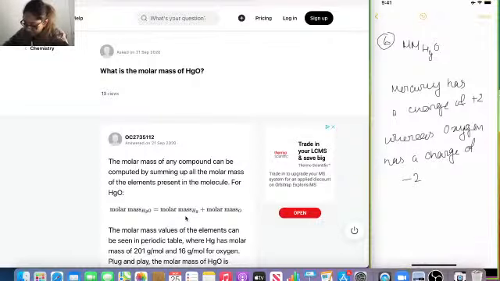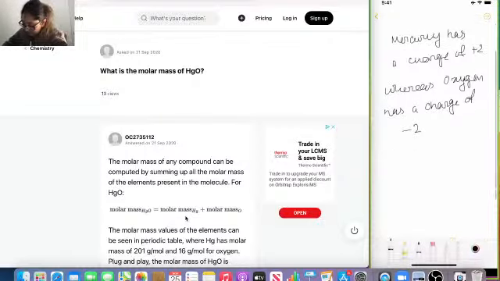And so when you're writing the chemical formula for this, mercury 2 has a charge of +2.